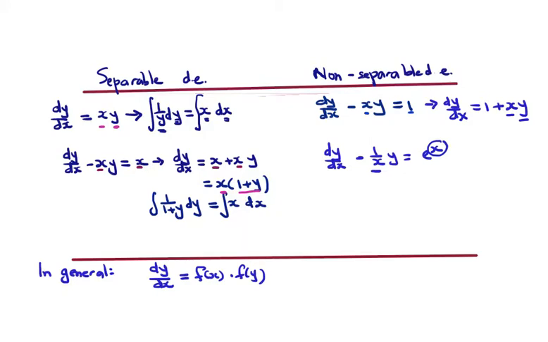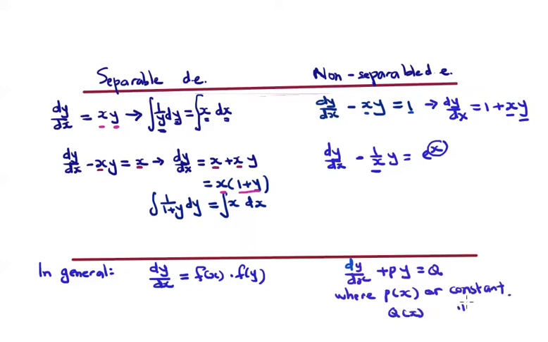For non-separable differential equation, it can be written as dy/dx plus p(x)y equals q(x), where p(x) is a function or a constant, and q(x) is also a function or a constant.